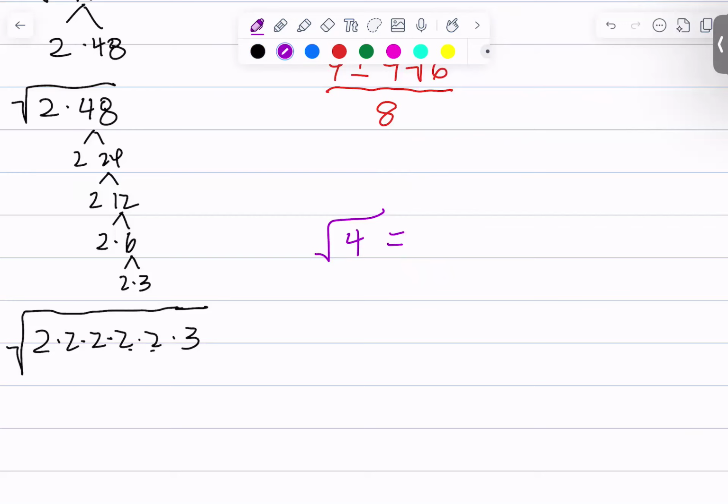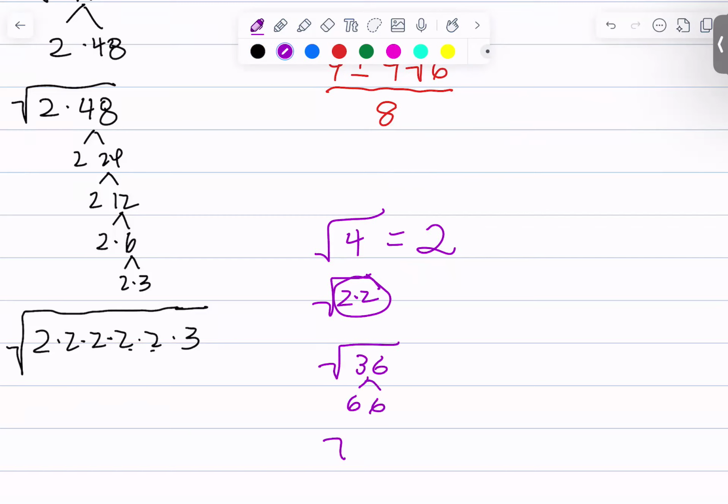Square root of 4 equals 2, because 2 times 2 equals 4, which would get me a pair. We can do this with any number. Square root of 36, that is 6 times 6, pairs of 6. So we all know that the square root of 36 is 6.